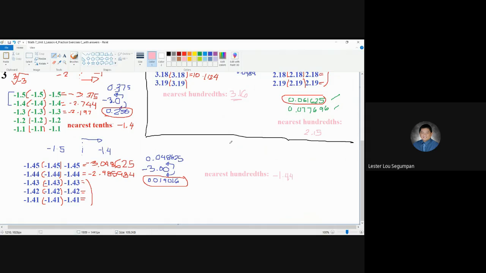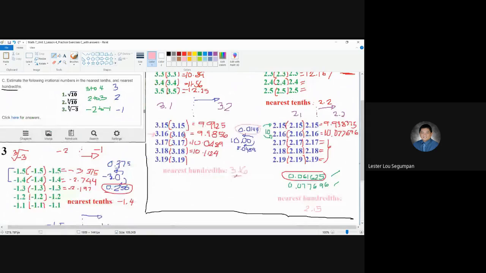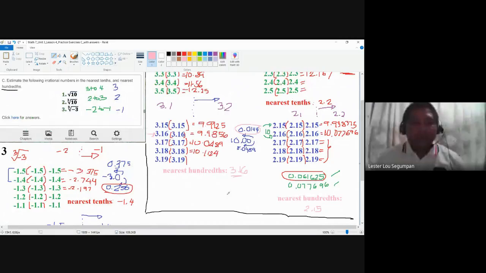But to check, let me remind you that the answer for number one is 3.16 and 3.2. The nearest tenths is 3.2, the nearest hundredths is 3.16.